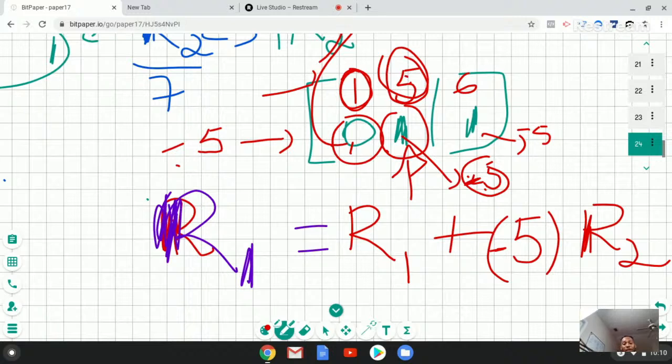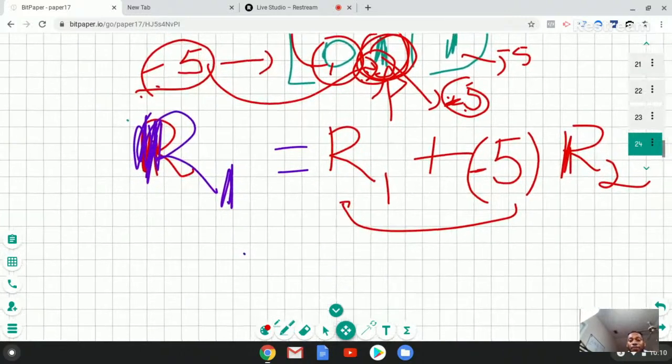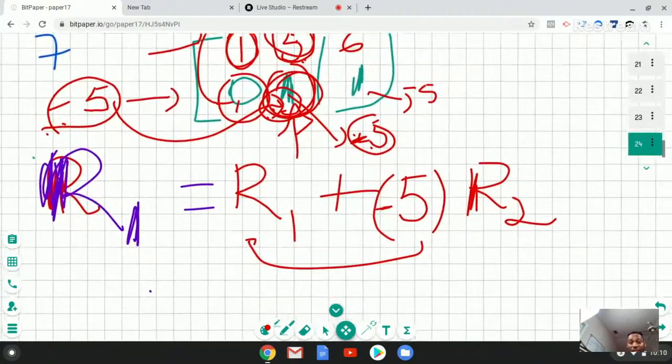And understand what we did. When I multiply the -5 times the row 2, this entry is going to be -5, and then I add that to a +5. That's going to give me exactly 0 where I need it. So row 2 is going to be the same, and I'm not changing that.